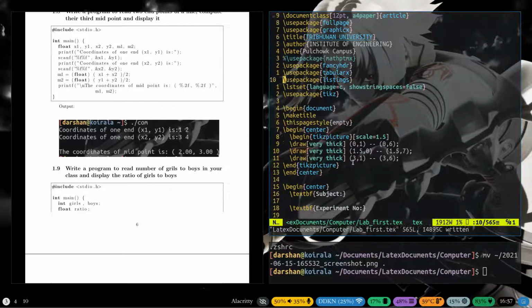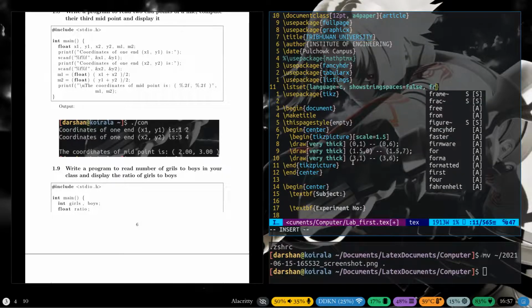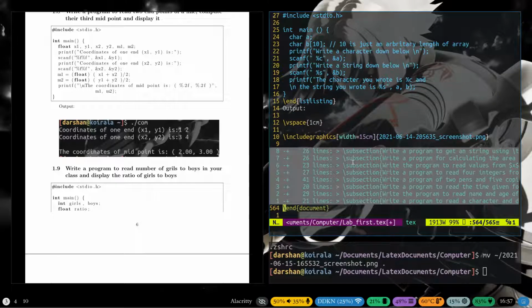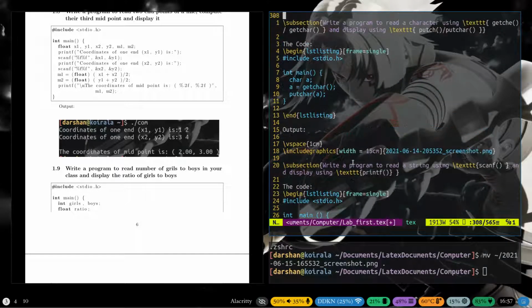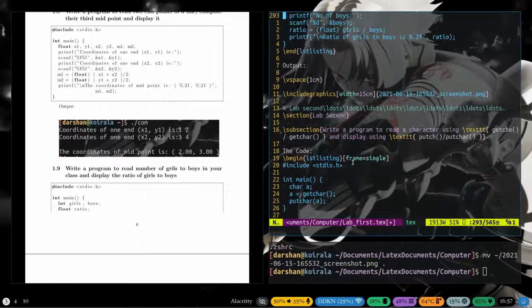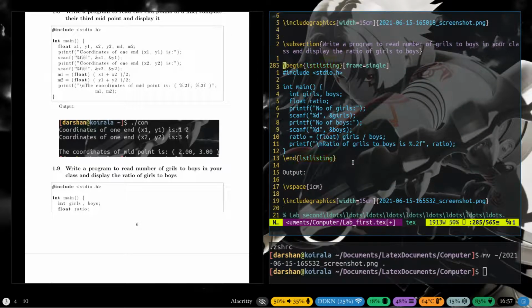I'll just write it here because frame is equal to single. What the heck, man? This is the most stupid thing I was doing, right? Because that is not a thing to be done, really. Okay, frame is equal to single. So there's actually no need to do that now.